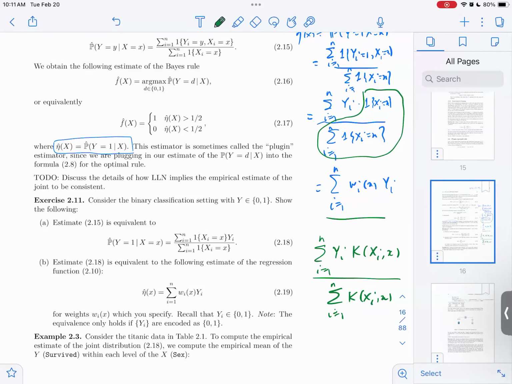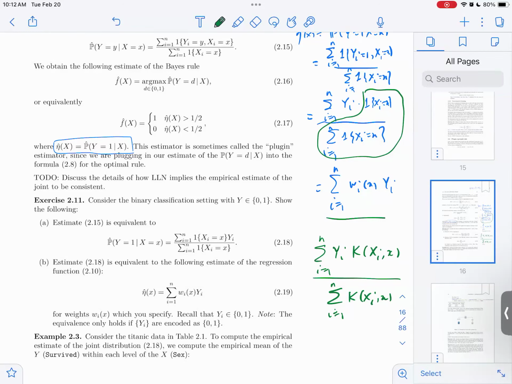I'm writing it very generally because it could be very general. If x is similar to xi, this is high; if x is dissimilar, this is low. So this acts like a relaxed version of the indicator. Once we realize that we can do this, it generalizes to non-discrete features, multi-dimensional features, and so on, because I just need to define the kernel.